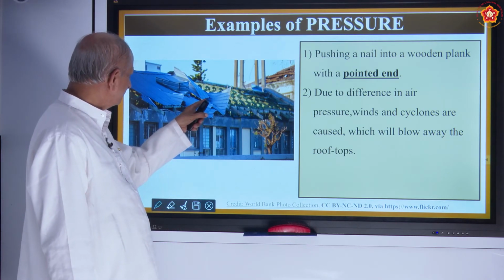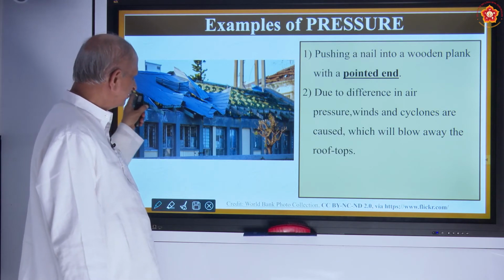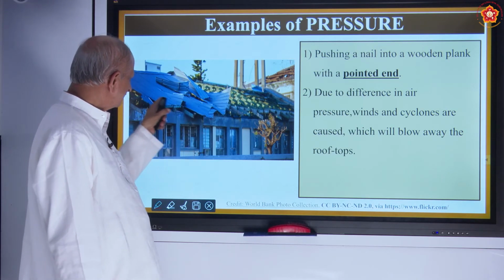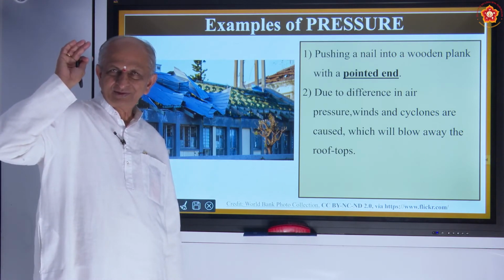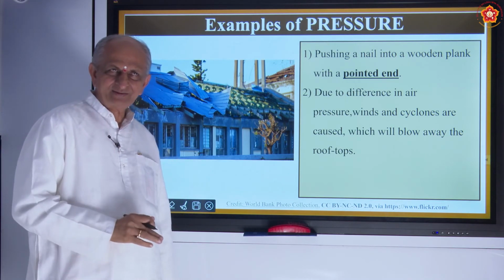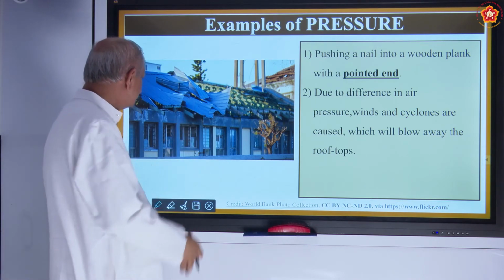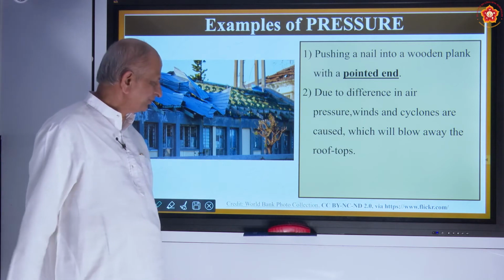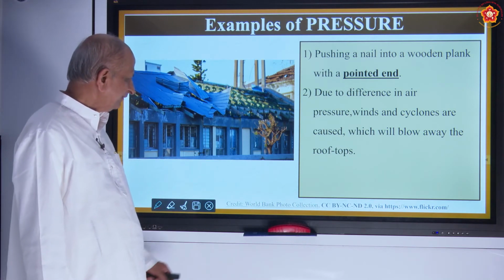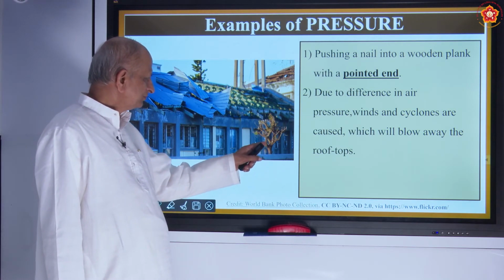So much of the roofs, because of cyclone winds, are thrown out. Some of them are thrown out, some of them are distorted, some of them fall down. In some cases, a tree will fall on the roof. So much calamity.